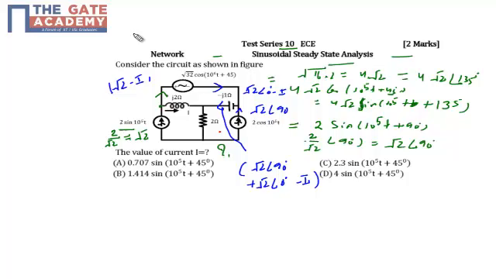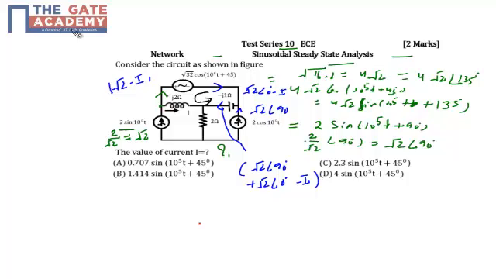So here we can see that we know the current across the inductor, which is I. We know the current across the capacitor, and it is a voltage source. So if I want, I can apply KVL in the upper loop. So let's apply KVL in the upper loop.